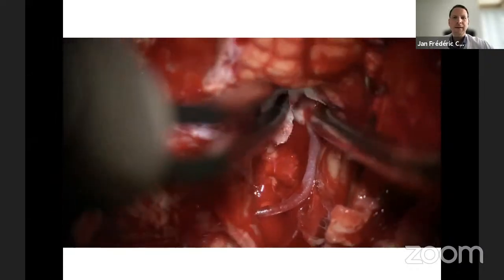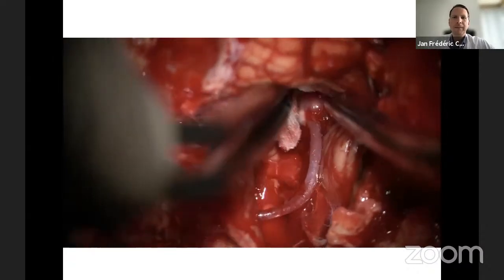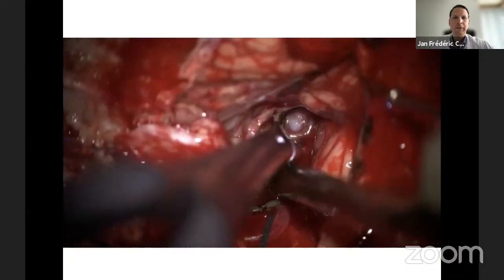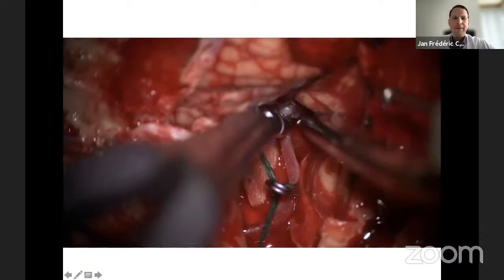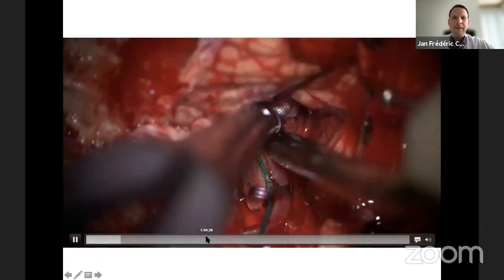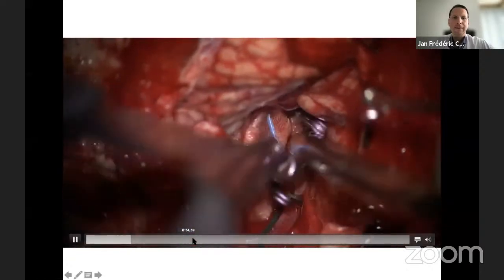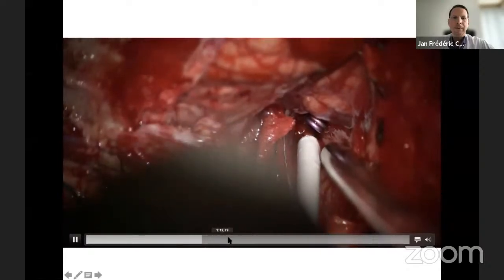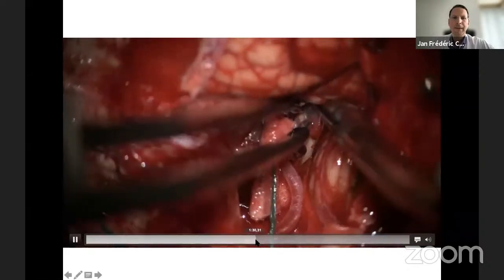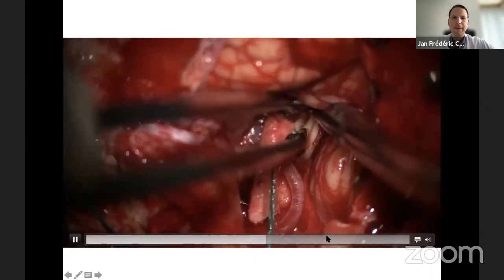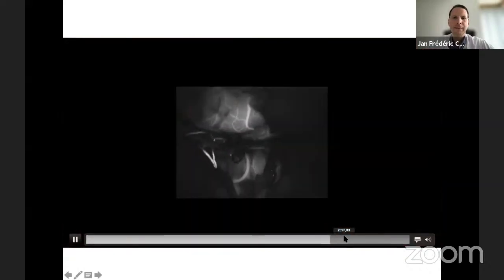So it was a unilateral CSFM approach here, the PICA. So we had the temporary clipping. And this was a control with the Doppler and the shrinkage of the aneurysm. And this was the intraoperative control.